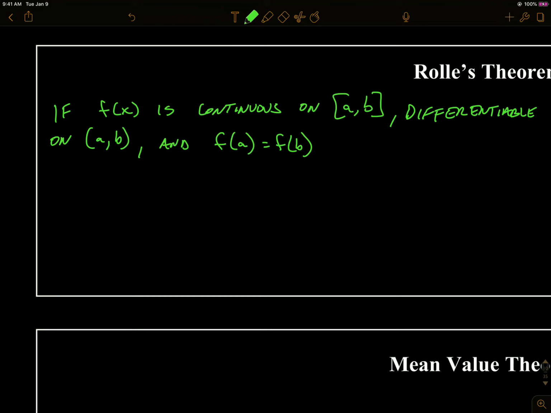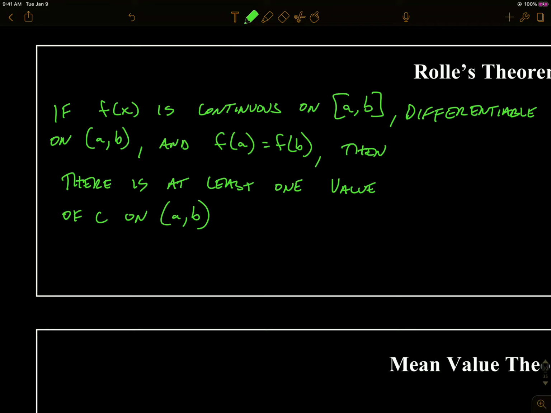So if the heights are the same, then there is at least one value of c on that open interval a to b, so we don't consider the endpoints, such that the instantaneous rate of change, or the derivative at c, equals 0.